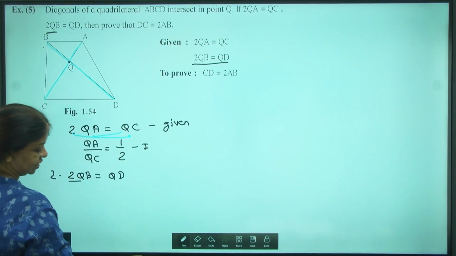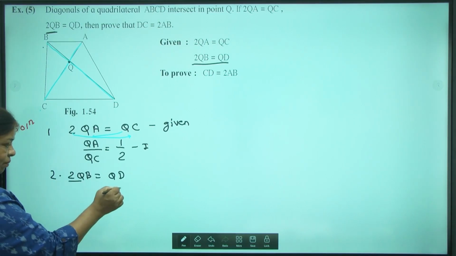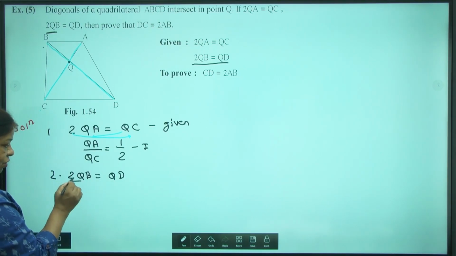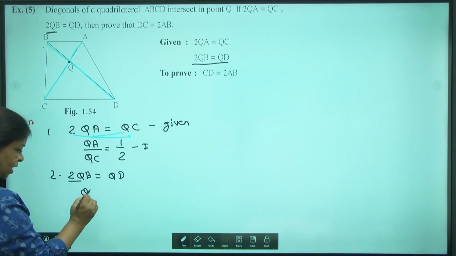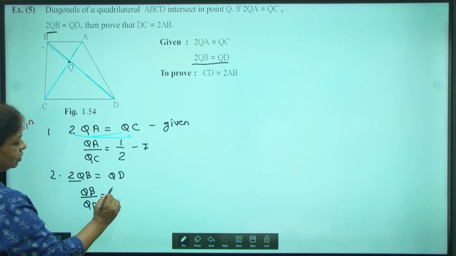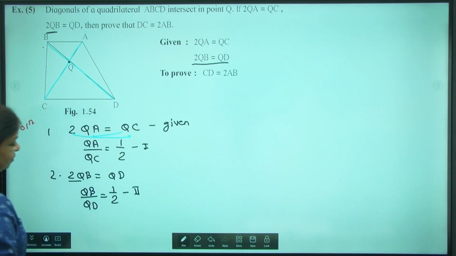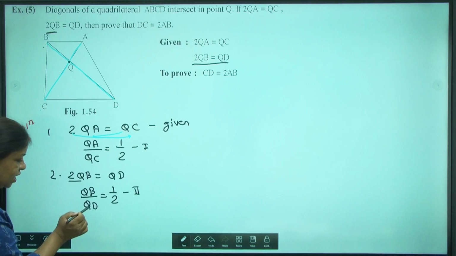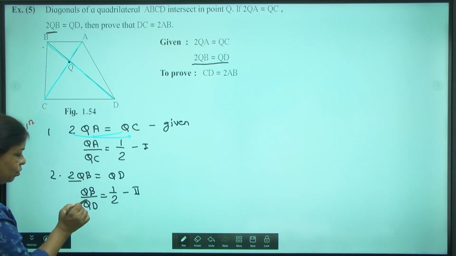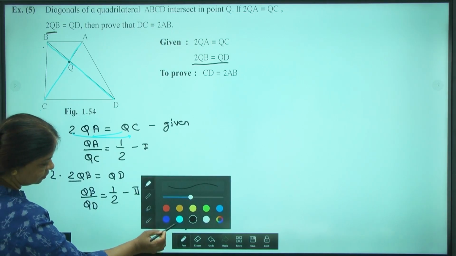So in the next statement, QD I will bring this side and 2 will be down. So QB upon QD is equal to 1 upon 2. This is my second statement. Say QB was here, QD came down, 2 came down. So QB upon QD is 1 upon 2. You see this?